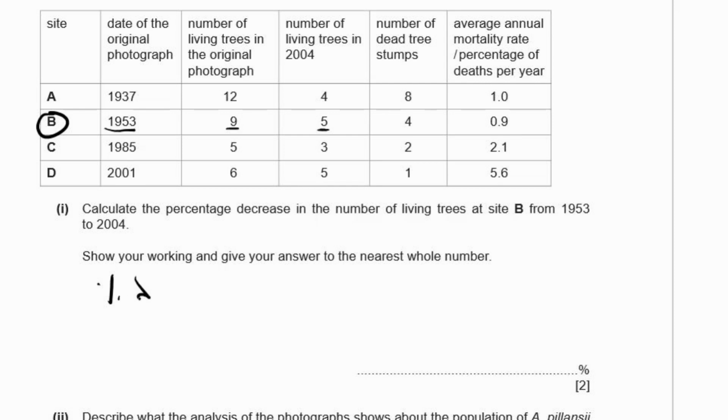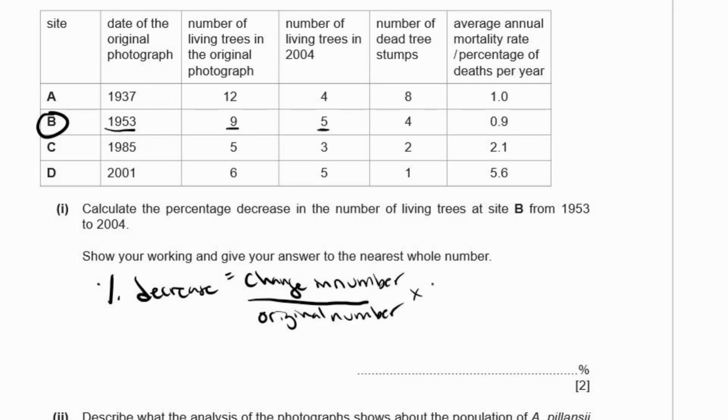So the percent decrease equals the change in the number divided by the original number times 100, because it's a percent. There's 9 to start with, 5 afterwards, divided by 9 times 100, and that equals 44.44444%. So 44%.